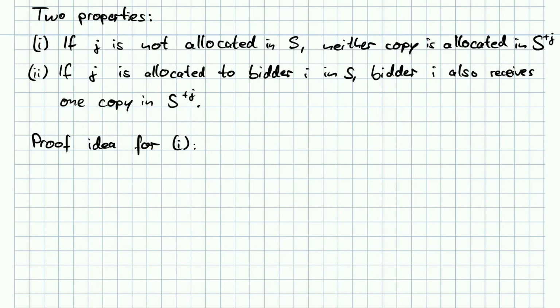So if item j is not allocated in S, then neither copy is allocated in S plus j.